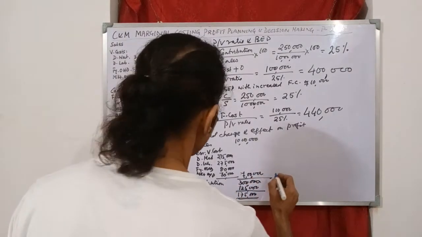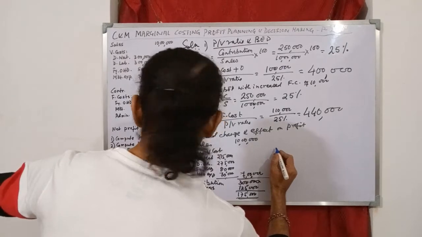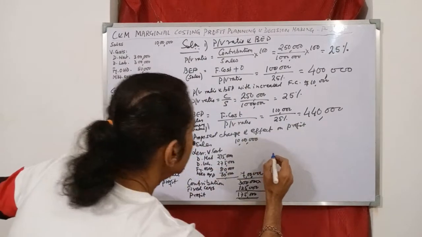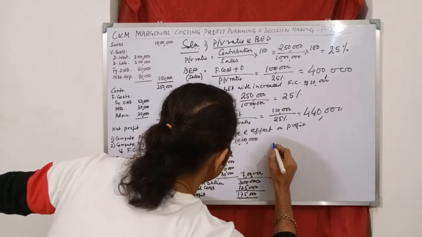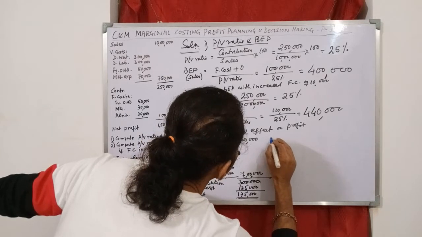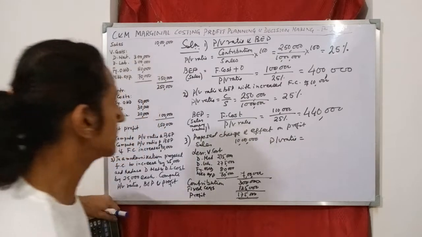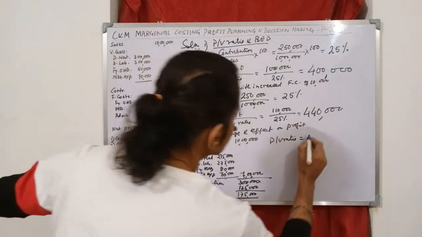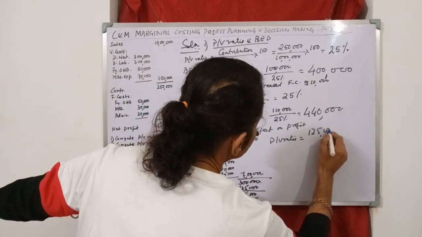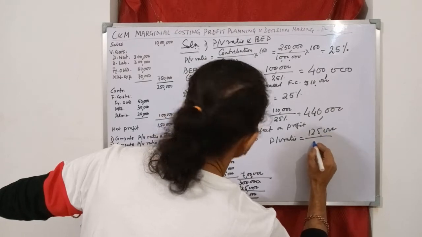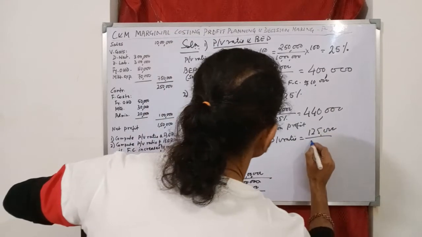So what is the PV ratio? In respect of the modernization proposal, BEP is equal to 1,25,000 divided by the PV ratio. What is the PV ratio?